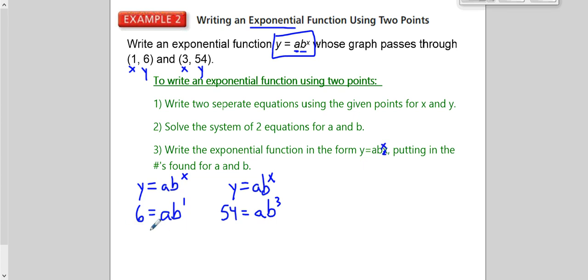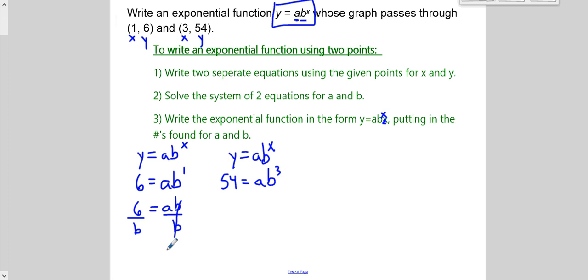So what we're going to do is solve equation 1 for a. b to the first power is just b. So to solve for a, we're going to move the b to the other side by dividing both sides by b. So a equals 6 divided by b. Now that we have that, we can put this in place of a in the other equation.